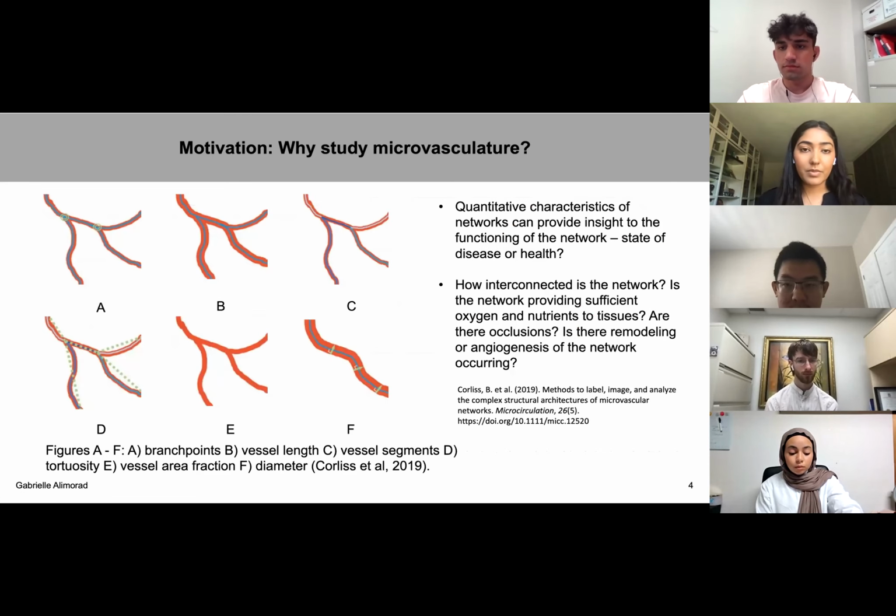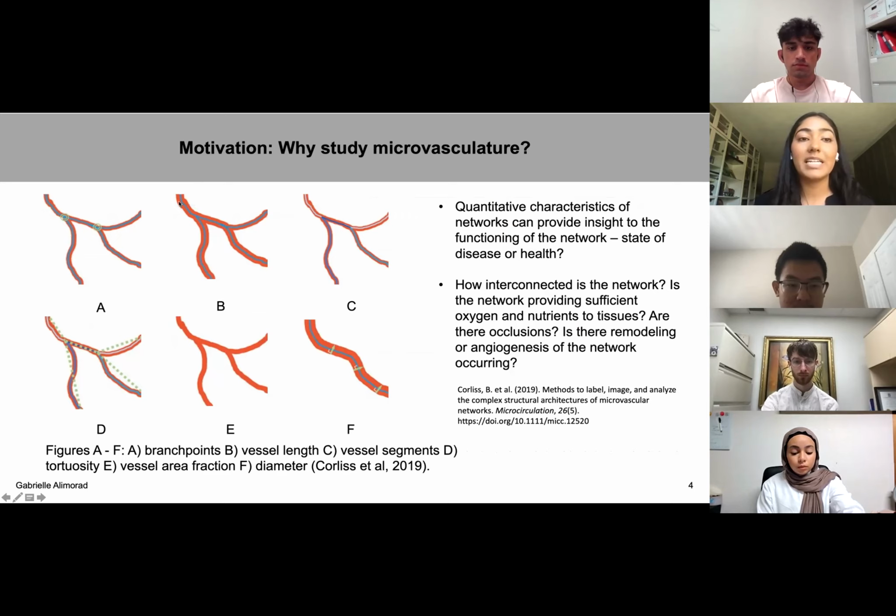So now that we know that there are roles in health and disease, this is where quantitative characteristics of networks come into play. The analysis of networks quantitatively can be a very powerful tool to provide insights of what the differences are in networks between health and disease. This figure shows some of the most common quantitative characteristics that are typically extracted.